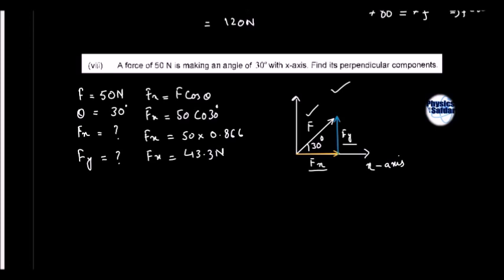For the vertical component, that is Fy, Fy you know well is equal to F sine theta. Now you can substitute the values. The force is 50 and sine 30.